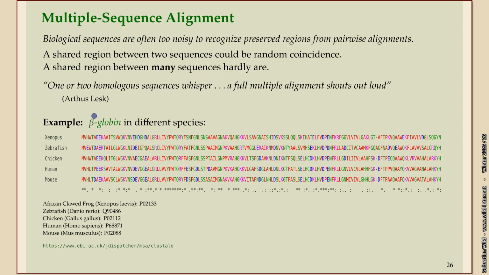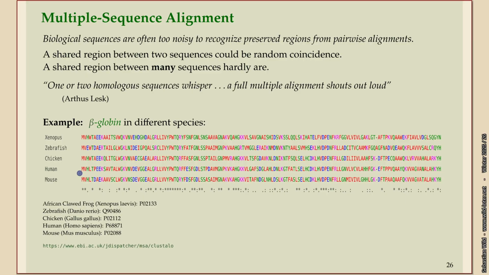If you look at this one version of these in different species, so there's us, but there's also mice and chicken and zebrafish and this African clawed frog as some example of species. I mean, these are all animals, but they're not super close, right? They're not all mammals, etc.